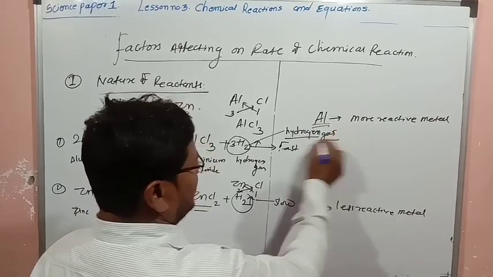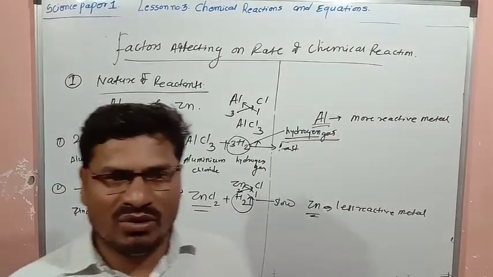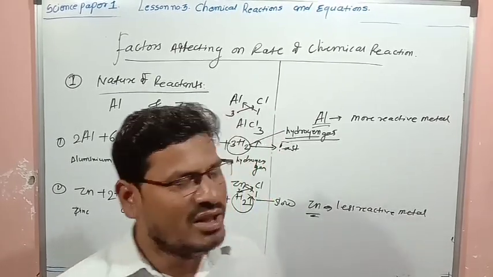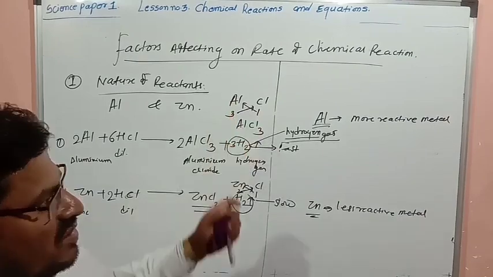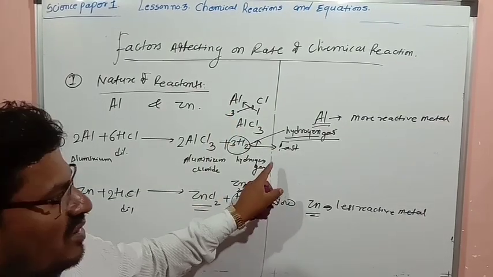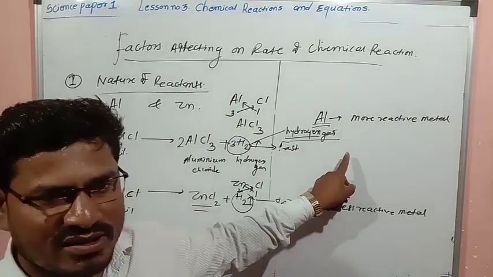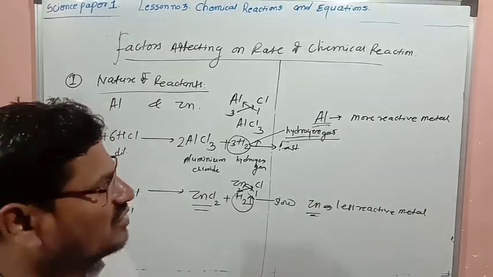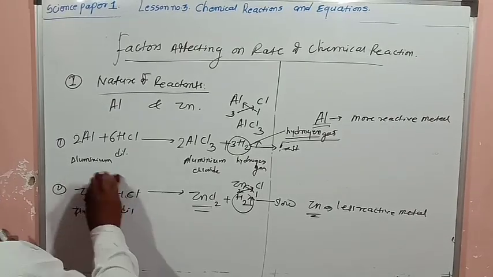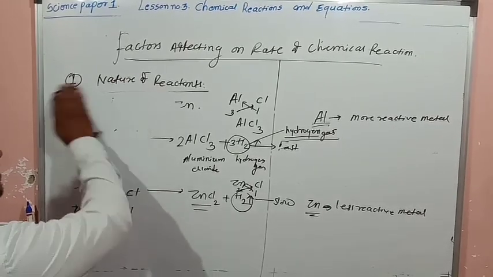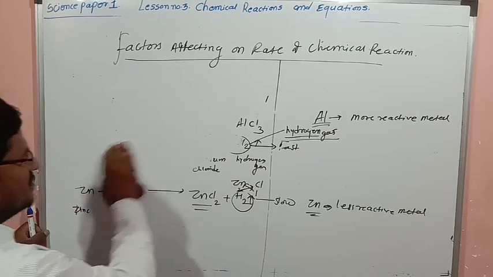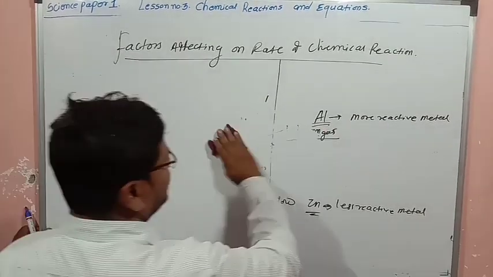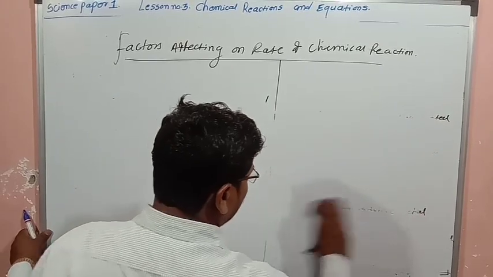So the first factor you have understood: the rate of a chemical reaction is influenced by the reactivity of the metal. Next, the second factor is the particle size of the reactant.